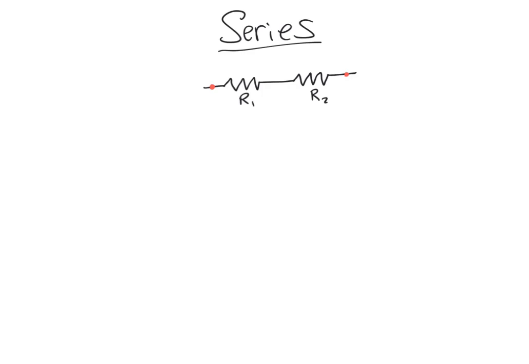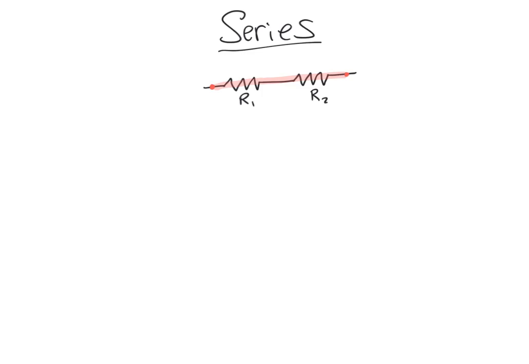So for example, in this case, all of the electric current that passes through the first resistor has nowhere to go but through the second resistor. And as long as we're talking about steady state circuits, the rate at which current has to pass through at the left side here has to be the same as the rate on the right side, because whatever current goes in here in a certain amount of time has to leave here in the same amount of time in order for this to be a steady state circuit.